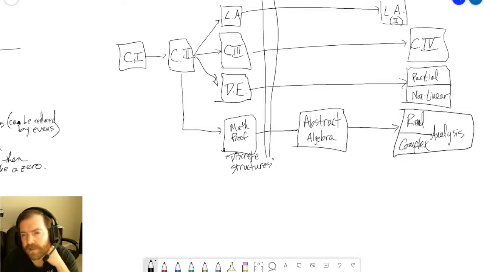Real complex analysis. I did one called matrix theory that was out here. Oh, actually, I guess it would technically be off of the linear algebra group.